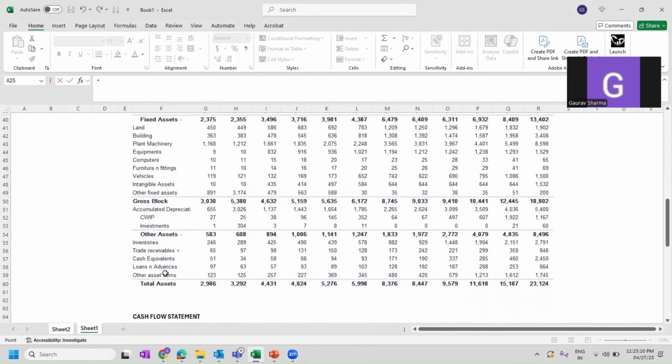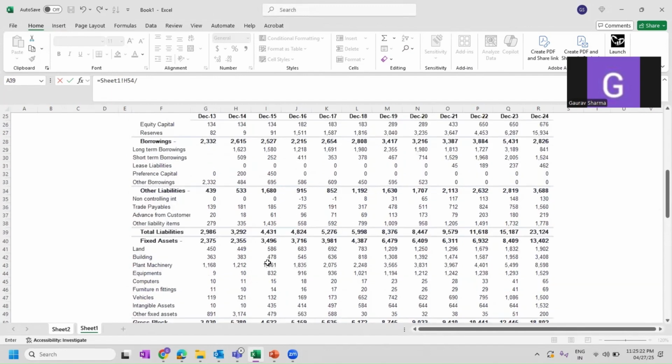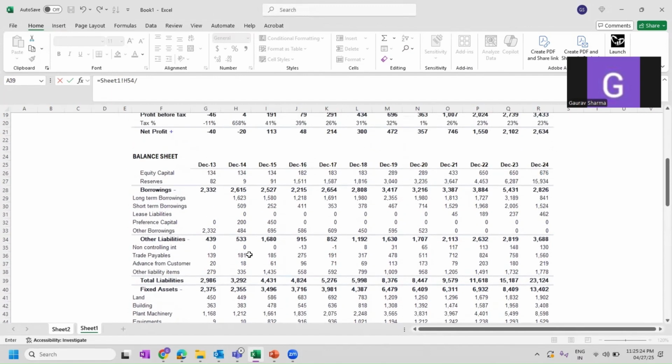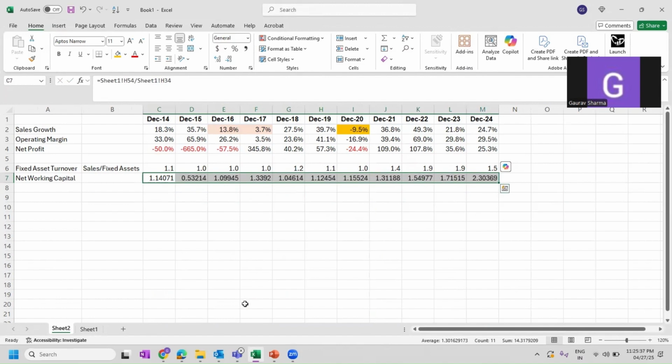Yeah, so we have other assets which we can classify as current assets, divided by the current liabilities, which are this one, right?